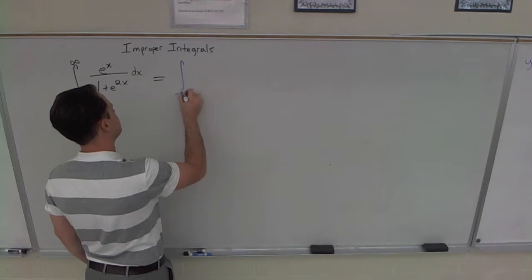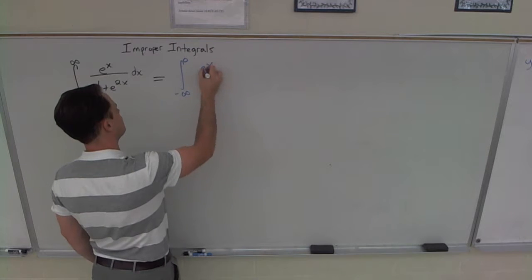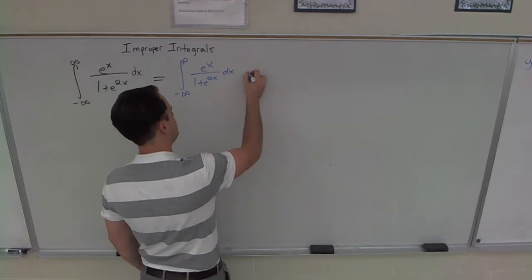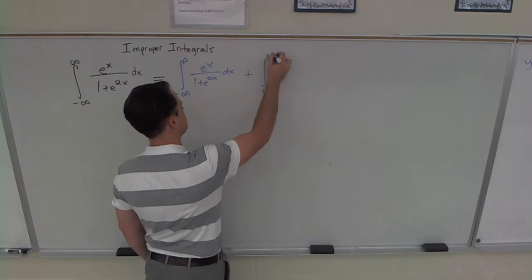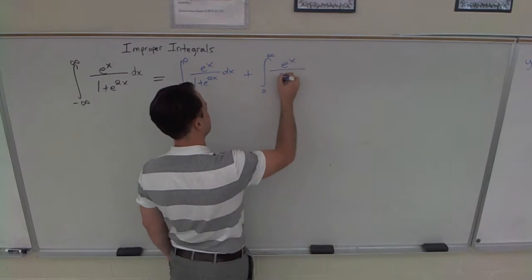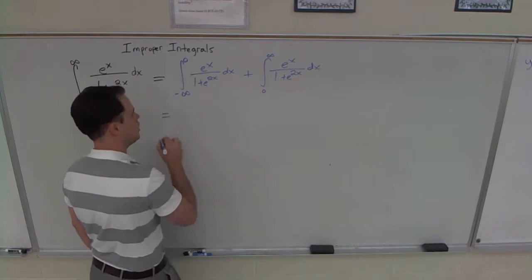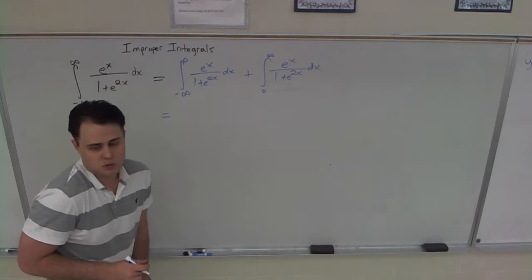So we're going to go negative infinity up to 0 of the stuff, plus 0 to infinity of that same stuff. And we're just going to basically treat it as two separate problems.